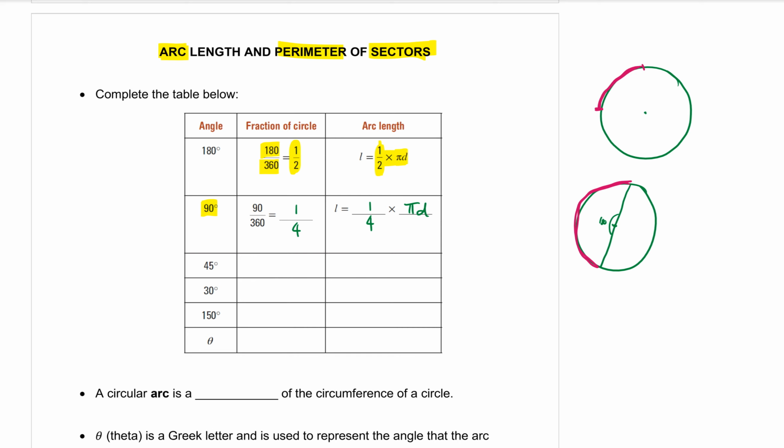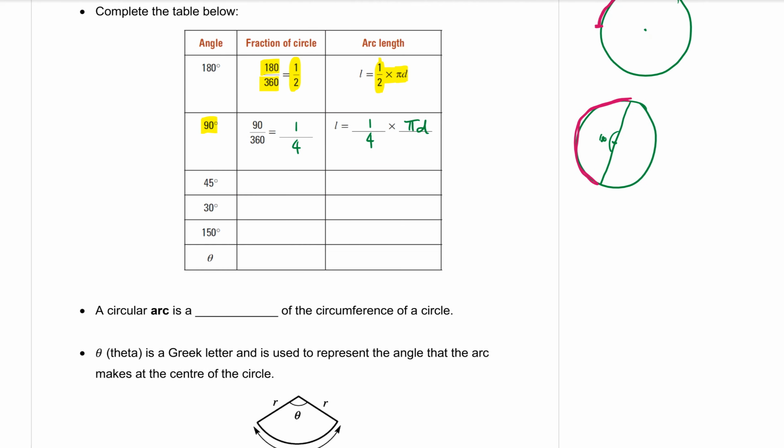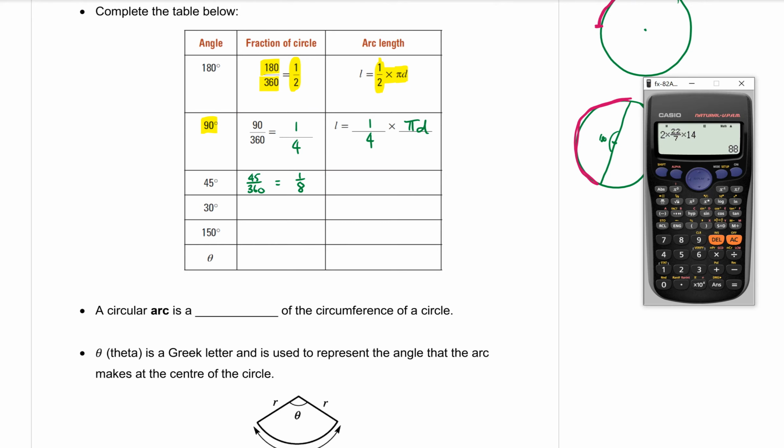Okay, so for the 45 degrees, let's fill in this table. We would put 45 over 360 degrees. That simplifies to be 1 over 8. Remember, you can use your calculator to simplify these. So if you type in the fraction, you put in 45 over 360 equals, and it simplifies that for you.